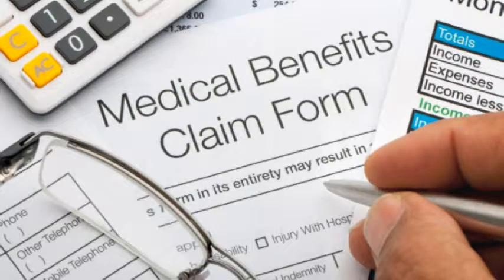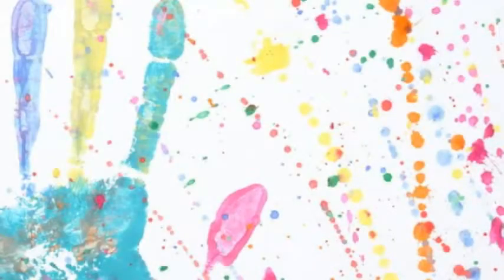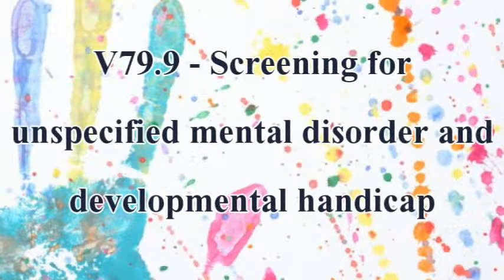If health insurance companies do not recognize this coding combination, there are a few acceptable coding alternatives the healthcare provider may utilize in cases of normal screening results. One alternative is to use ICD-9 code V79.9, Screening for Unspecified Mental Disorder and Developmental Handicap.